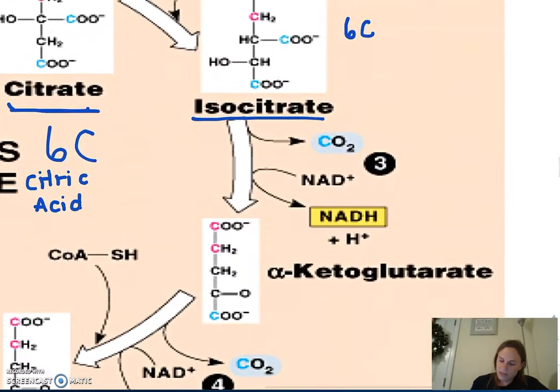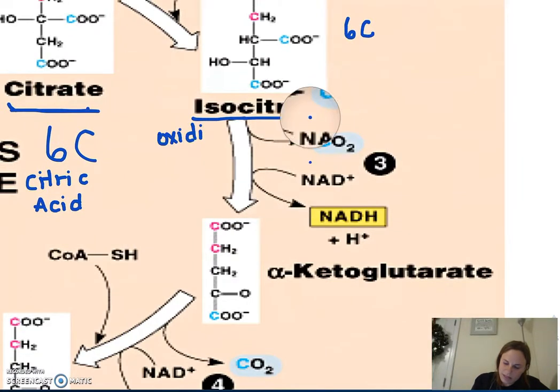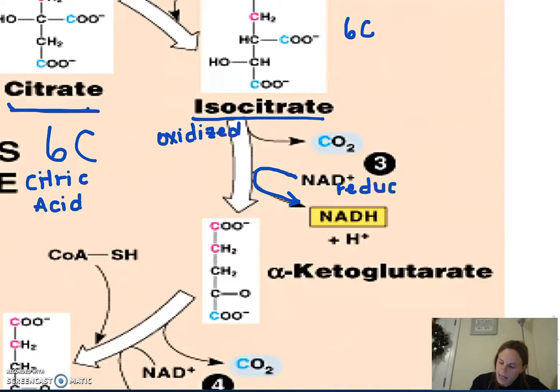This 6-carbon compound gets oxidized. In the process of it getting oxidized, NAD is going to get reduced and form NADH. So now we have our first NADH.